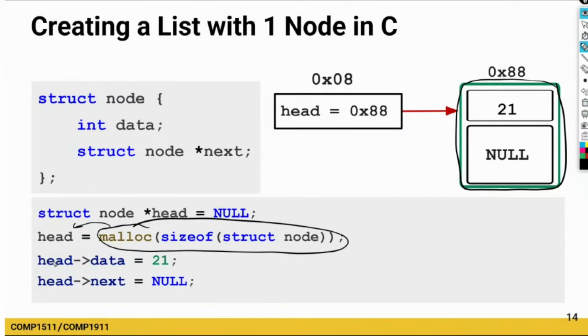And remember, if I've got a pointer to a struct, I use arrow to access the members inside it. So I could go and set the data to be 21. In this case, there's no more nodes in this list, so I'm setting the next to be null as well. So here I've created one node and my list is pointing to that node. So this is a linked list with just one item in it.